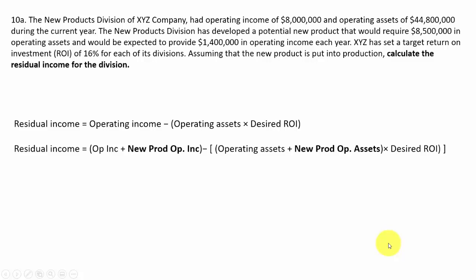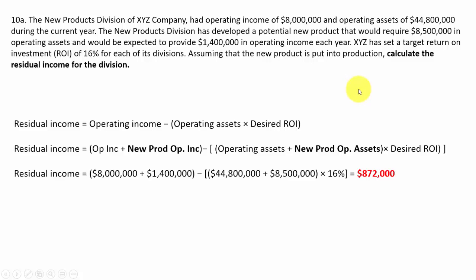So let's fill all these pieces in, and we'll come up with a residual income for this division that includes this new product they've just developed. So $8 million, which is the operating income of the division, and then we'll add to that the new product's operating income, which was $1,400,000.